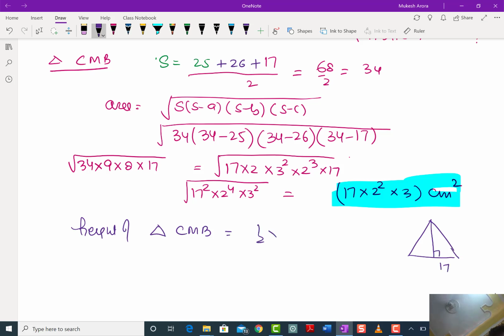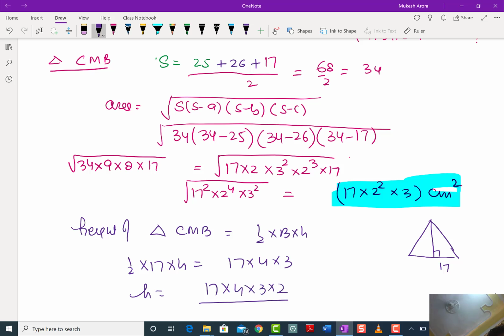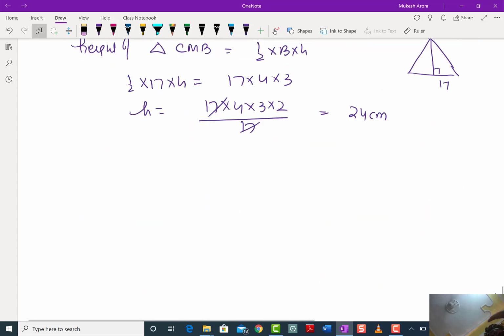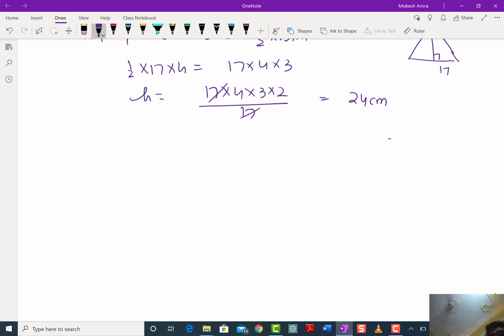So area is half into base into height. Half into base is 17, height is equal to 17 into 4 into 3. So height is equal to 17 into 4 into 3 into 2 by 17, which is 24 centimeter.